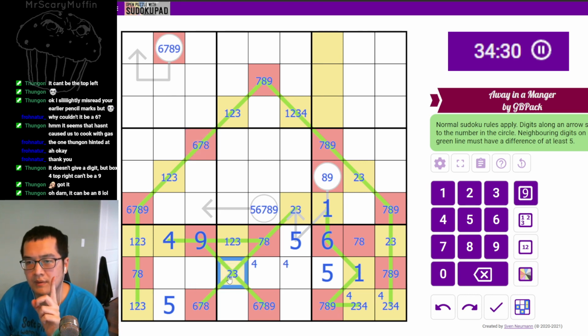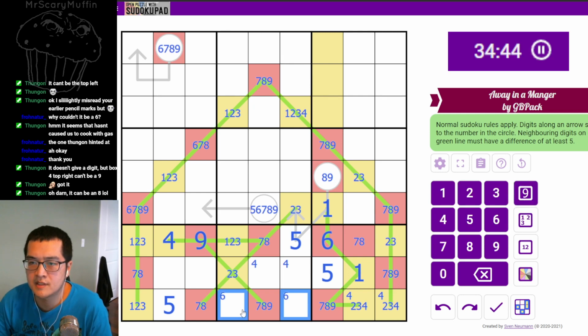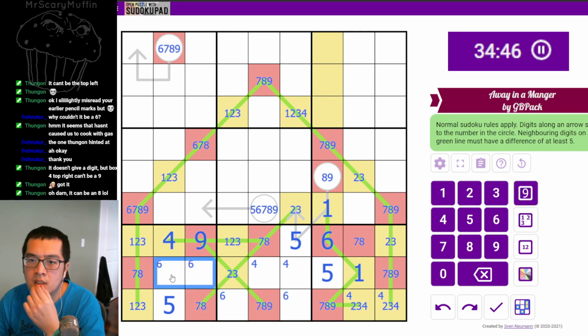Oh, 6 can't be here because this 1 removes that 1. Now we're restricted to 2 and 3. That's actually very powerful because that guarantees 6 down here, which guarantees the 6 here.